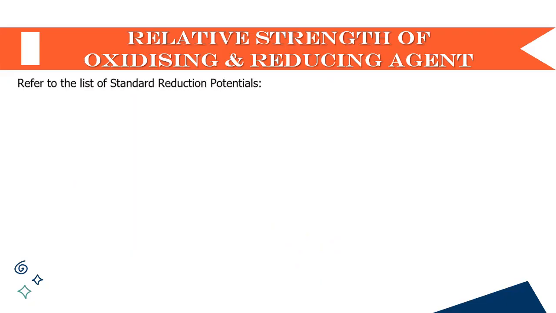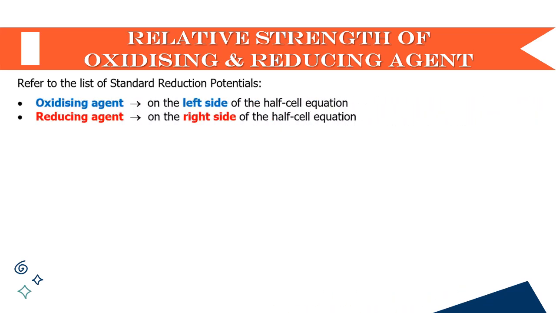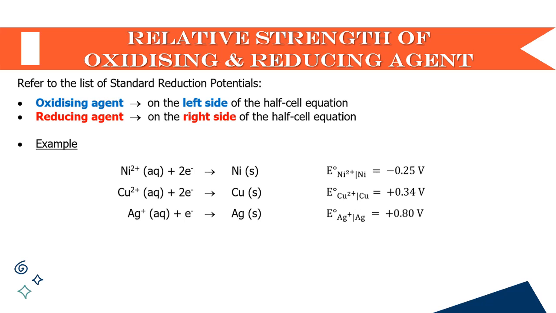Now refer to the list of standard reduction potential, our SRP tables. The oxidizing agent will be on the left hand side of the half cell equation, and the reducing agent will be on the right hand side. Why is this so? For example, these are some values that I take from your standard reduction potential.